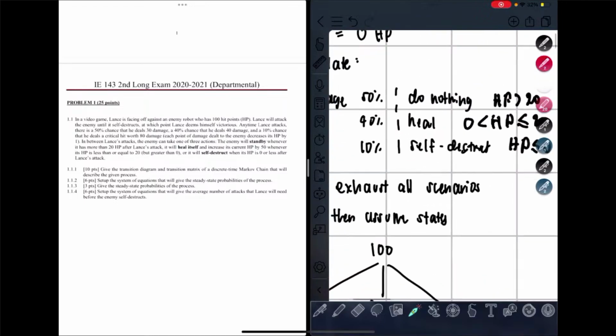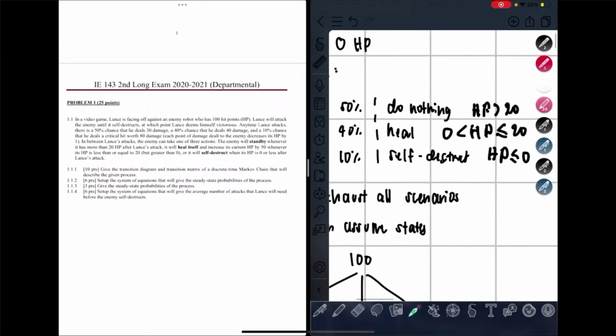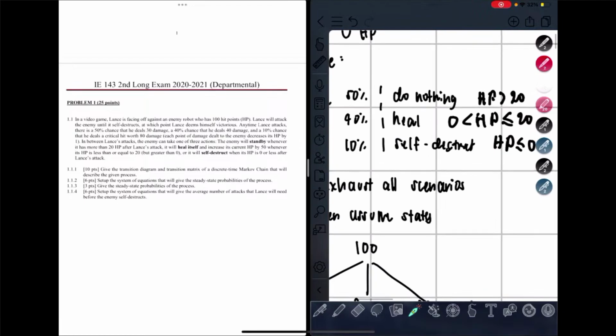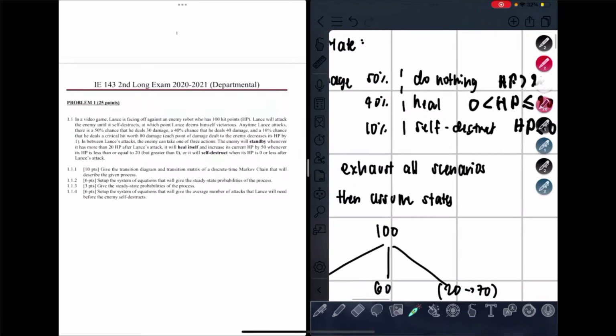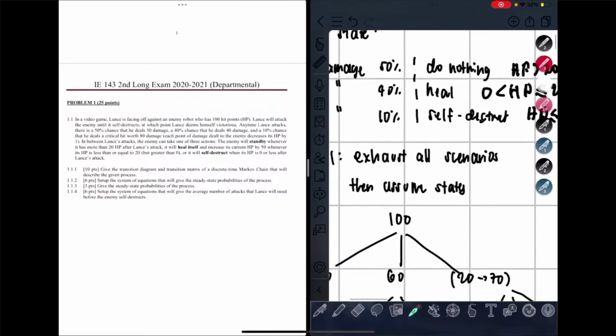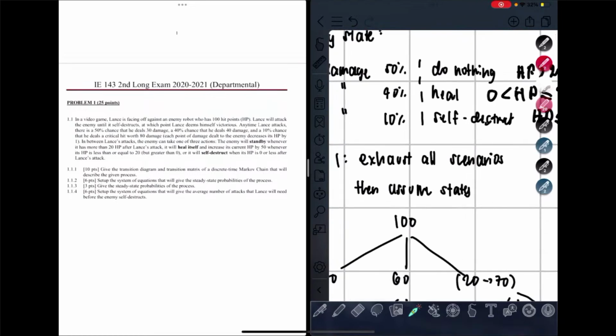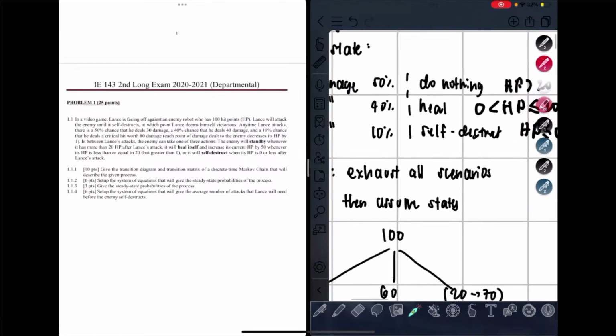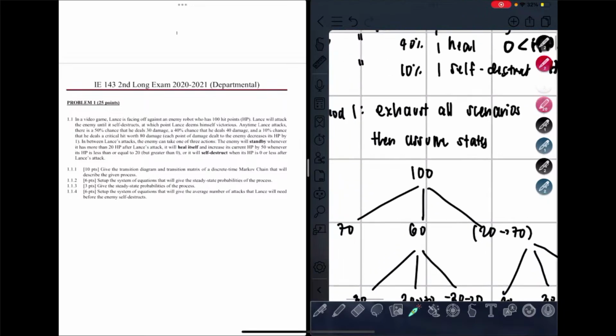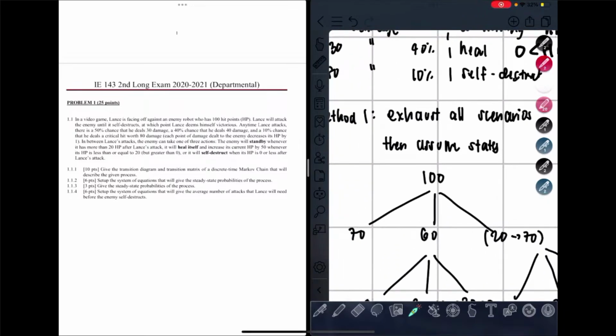But recall that every time the enemy has 20 or less hit points but greater than 0, it'll automatically add back 50, because it will heal itself. So that means we're back to 70. Therefore, from the state of 100 hit points, it can only go to either 60 or 70. These two, because we're only concerned about the state, and not how they got there.